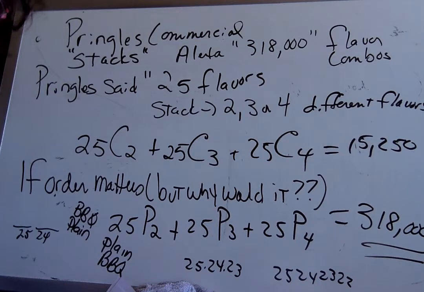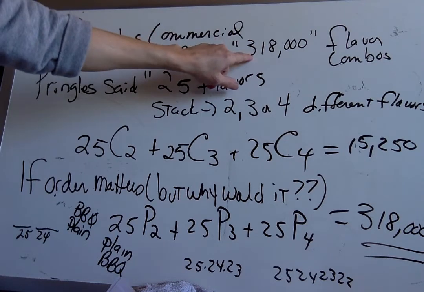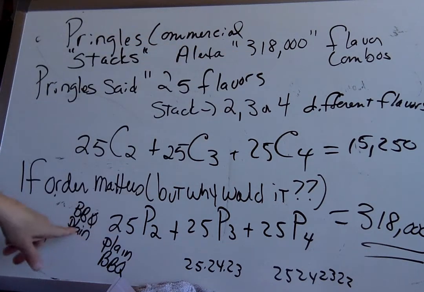You see how you can really overthink this stuff? But you have to always understand, what assumptions did the company make? So, no, technically they were not lying. I have an issue with that they cared about order, but that is where they got their 318,000 flavor combos from.